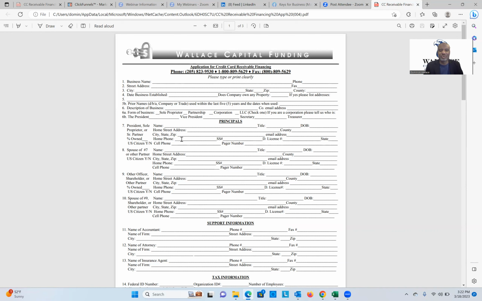Most people's home phone number is the same as their cell phone number. Some people even have a pager number, but then the social security number, a driver's license number, and the state of that driver's license.